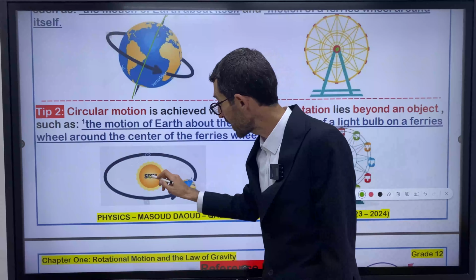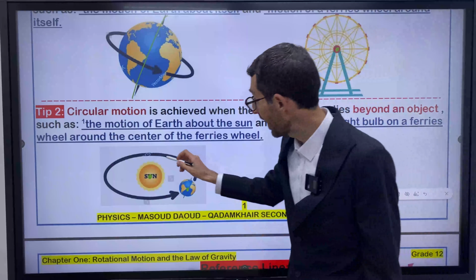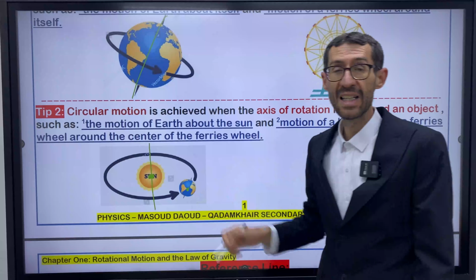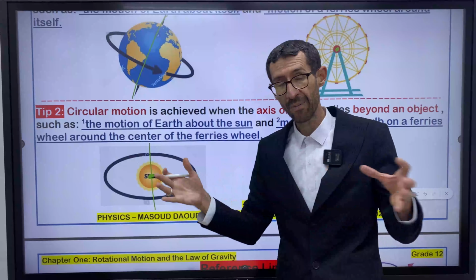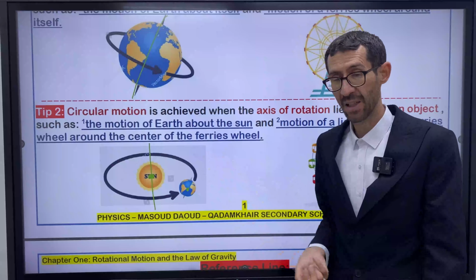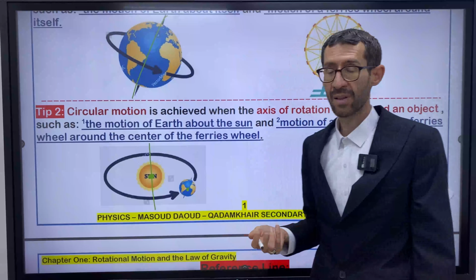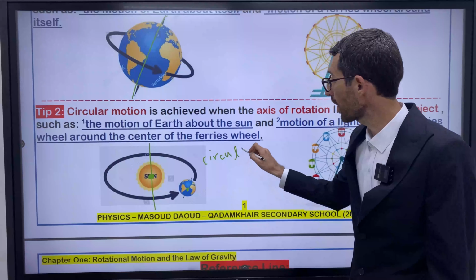The axis here in this situation for circular motion lies within the sun. So the axis is far away from the Earth itself. That's why the axis is beyond the Earth. This type of motion is called circular motion, right?